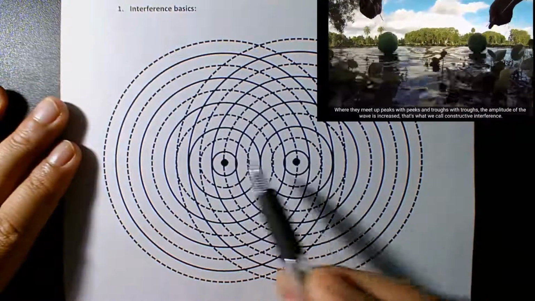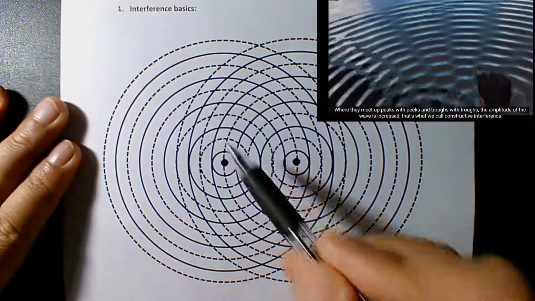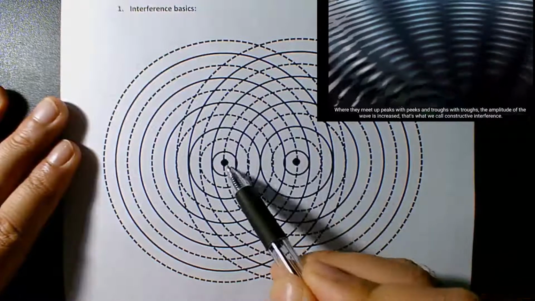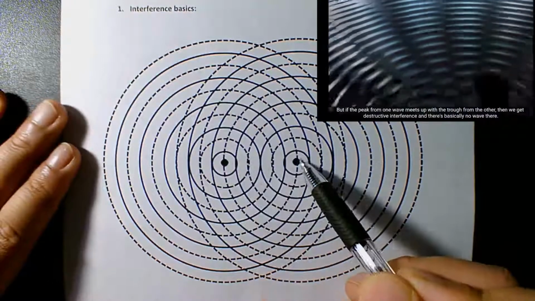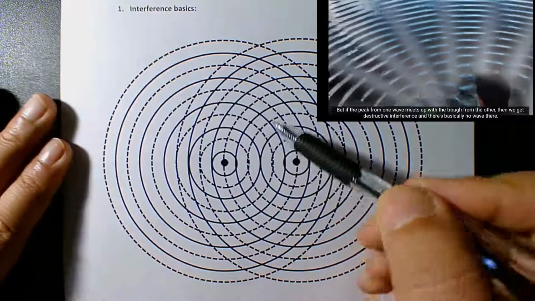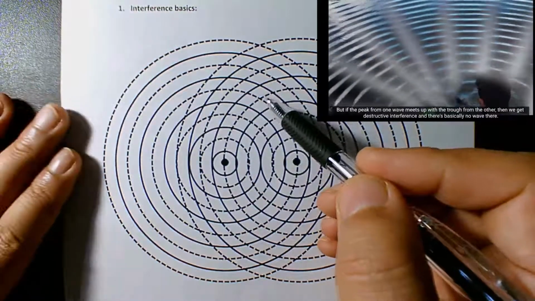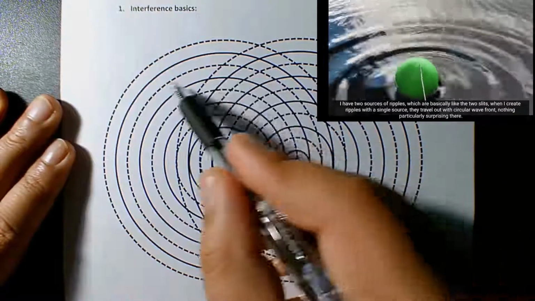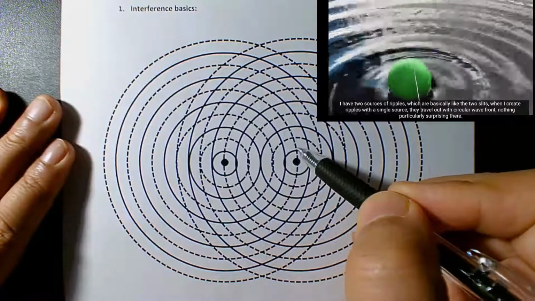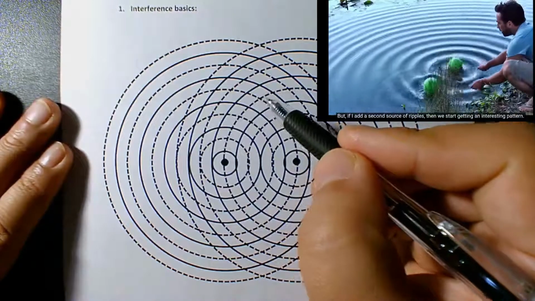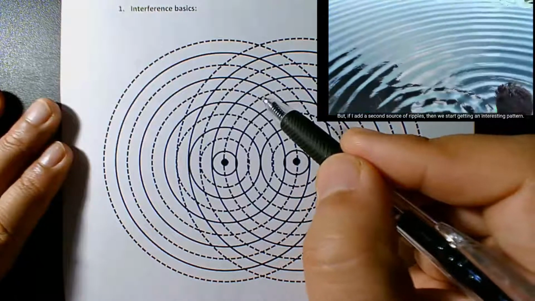Initially they start out with the same phase, but since these two waves generated by these two sources have to travel different distances, they may meet out of phase, or they may meet in phase at a certain distance.